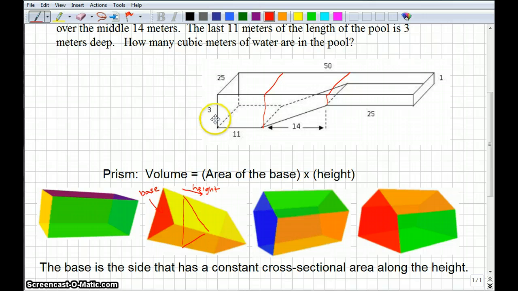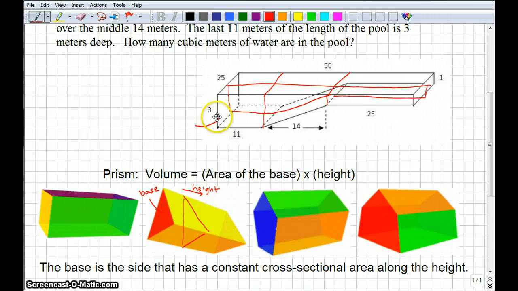The prism in this pool, now you have to look for where you could slice it and all the cross sections would be the same. So actually if I slice this pool across here and down, you can see that all the cross sections are going to look like the sides of the pool. Okay, so all those cross sections are going to be the same.